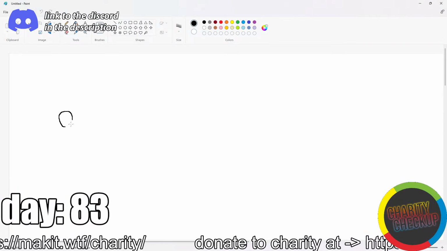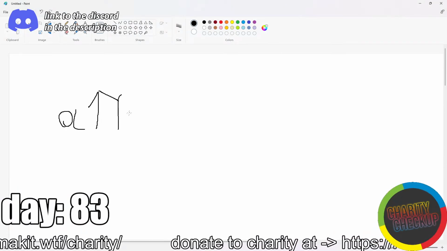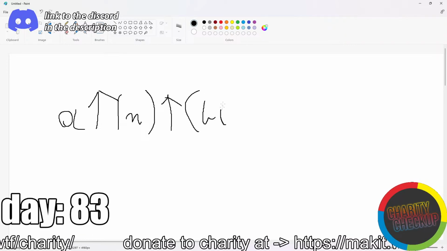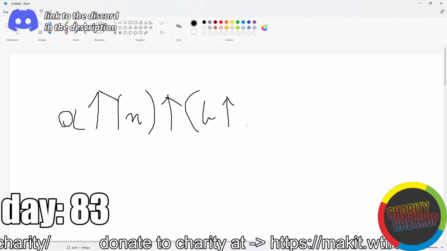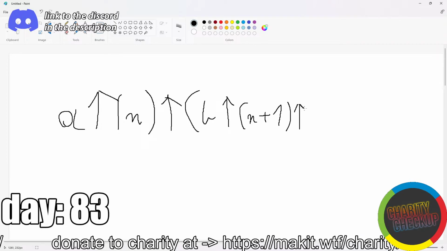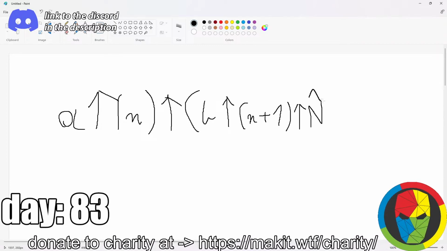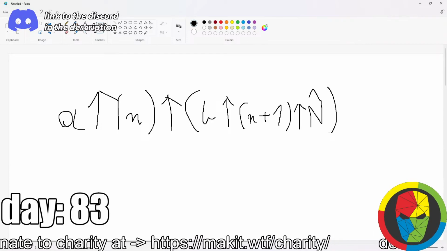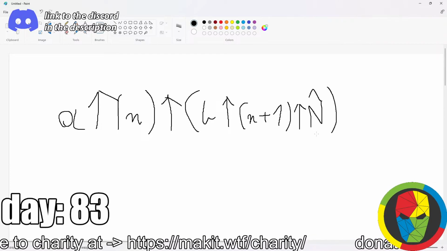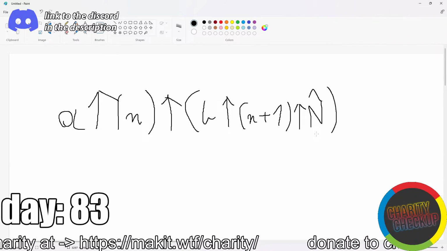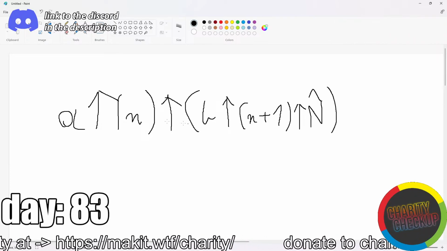Our original equation, a n b, n plus 1 negative, should work. It should work because this is why it's an anti-operation. You operate on an anti-number.